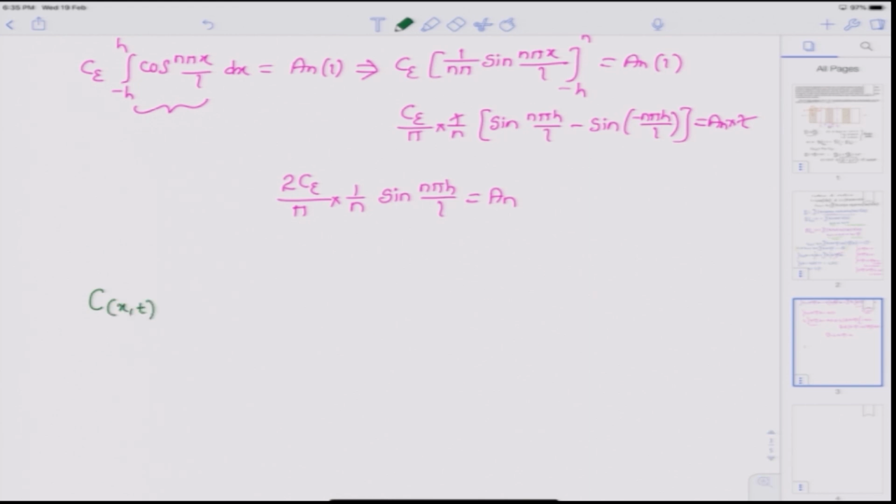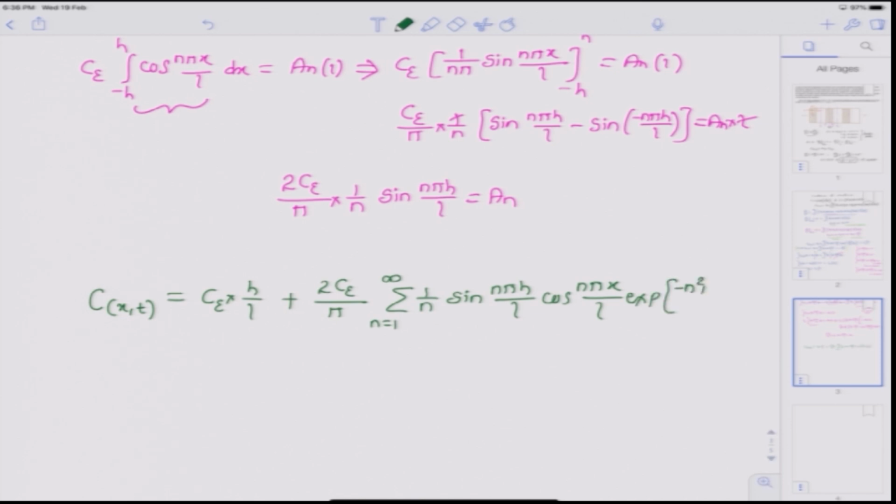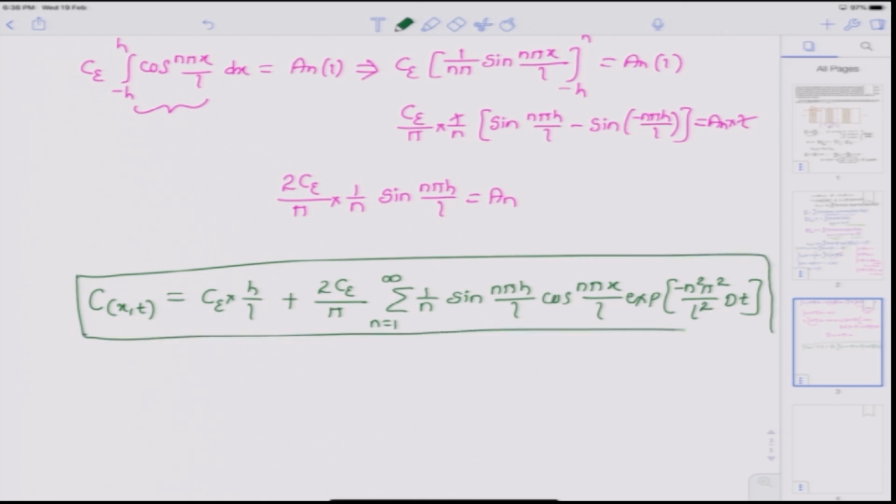C of x t is equal to a 0, which is C epsilon times h by L, plus 2 C epsilon over pi, summation over n equal to 1 to infinity of 1 by n sine of n pi h by L into cos of n pi x by L times exponential minus n square pi square by L square times Dt. So, this is the solution that we have obtained.